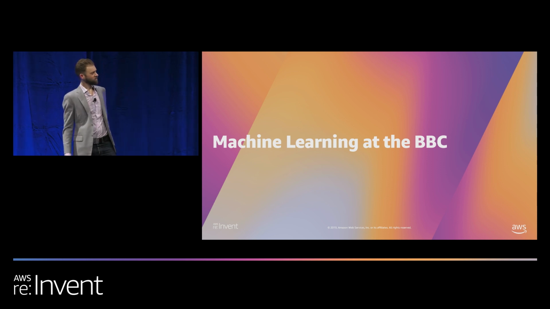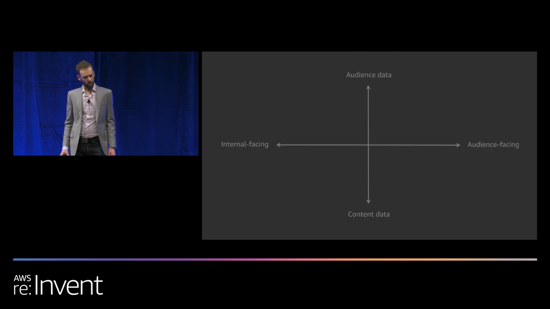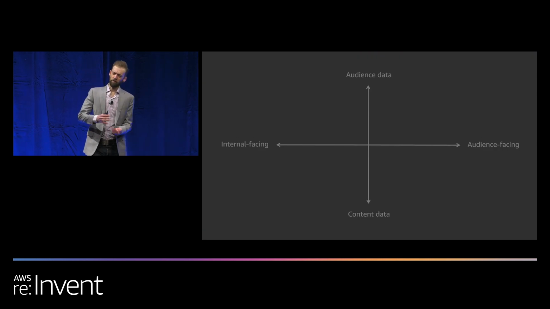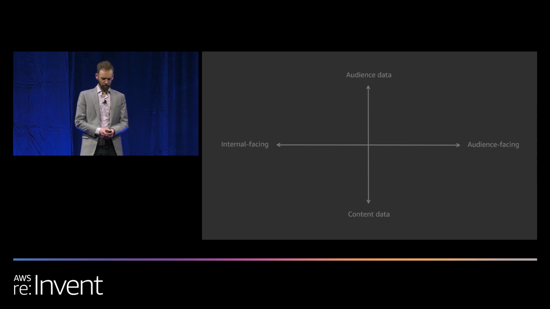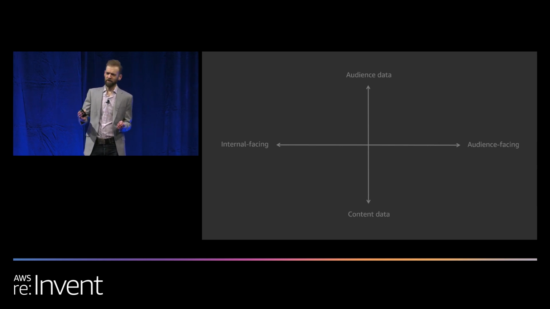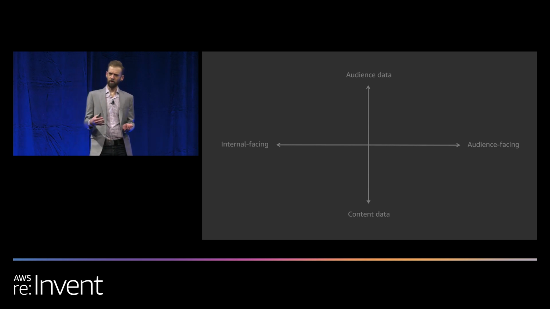So let's talk just a little bit about machine learning at the BBC. So I just want to sort of walk through a bunch of the projects that we have in our organization, and there's quite a few of them, so I'm going to organize them based on a couple of different things. One of them is whether or not the tools are principally for an external audience or for internal use.